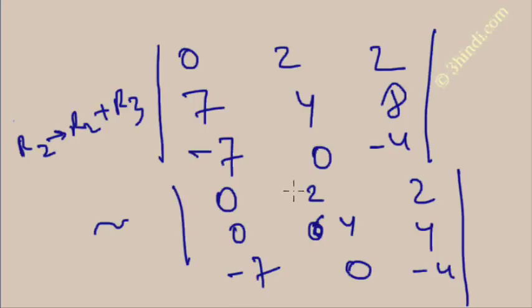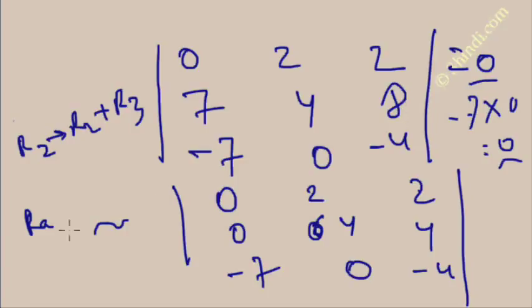So minus 7 into the determinant of this, 2 into 4 is 8, this 8, so minus 7 into 0, so it will be 0. So the determinant value is 0. This means the rank is not equal to 3. It should be less than 3.